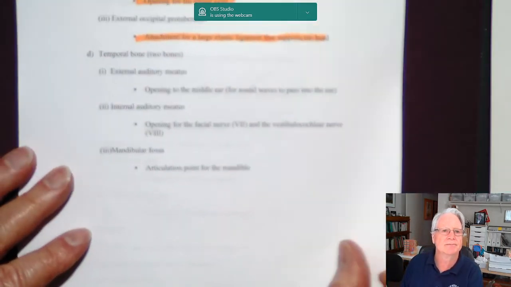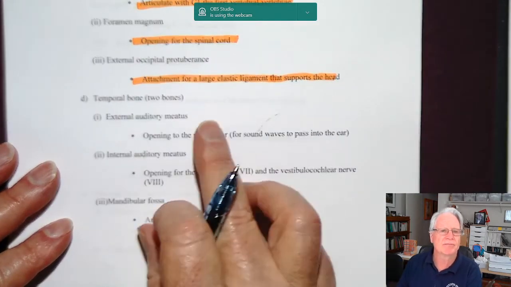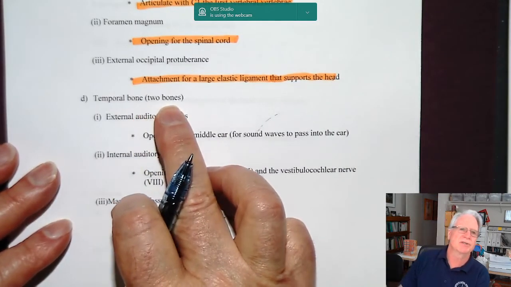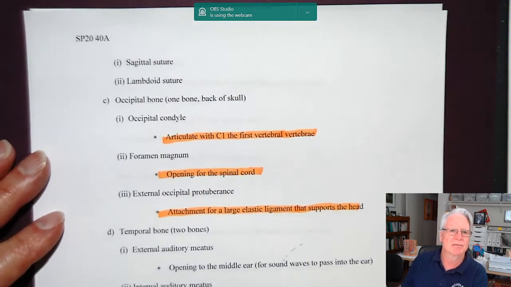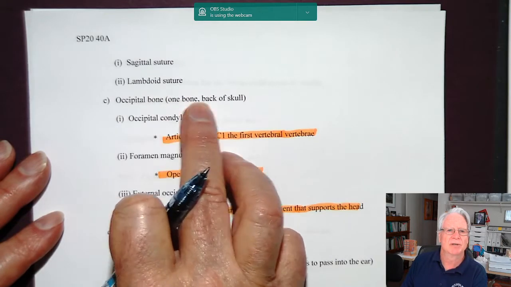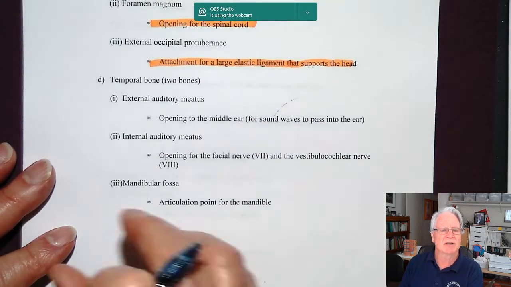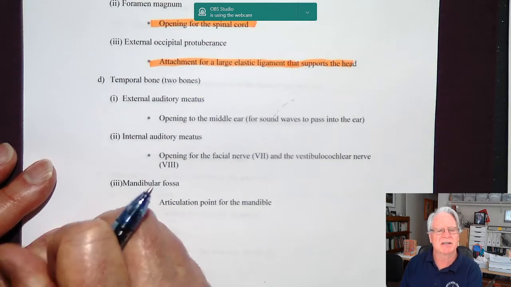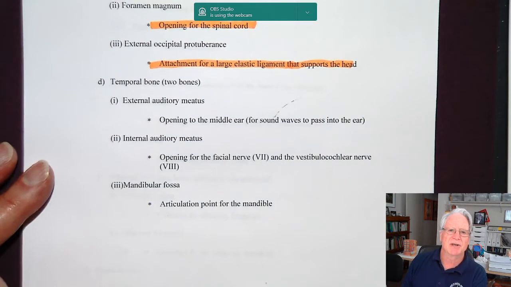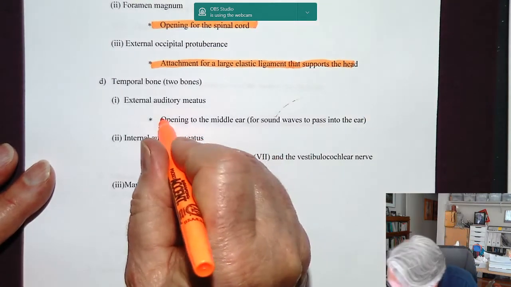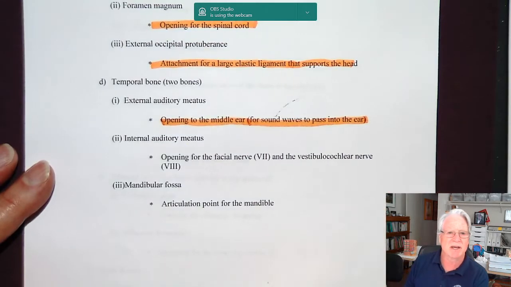So the temporal bone, again, two bones, just as the occipital bone was a single bone. So one bone, back of the skull. Okay. So the temporal bone has two bones, one on either side, and it contains the external auditory meatus, and its function is the opening to the middle ear, for sound waves to pass.